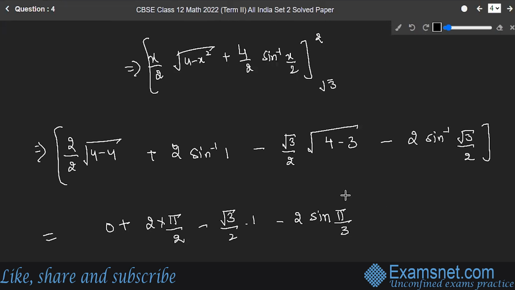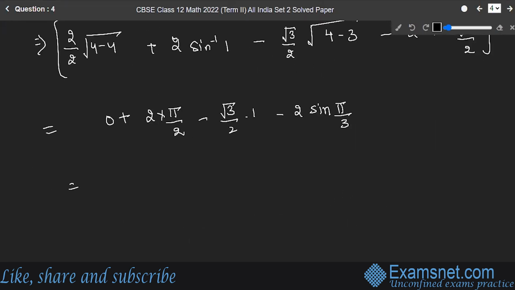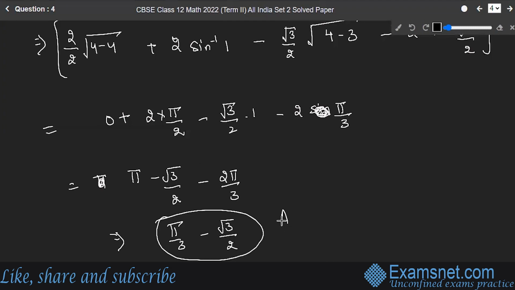So this becomes pi minus root 3 by 2. Sorry, this is pi by 3. And this is minus 2 pi by 3. That becomes pi by 3 minus root 3 by 2. This is the answer to the given question. Hope you have got that.